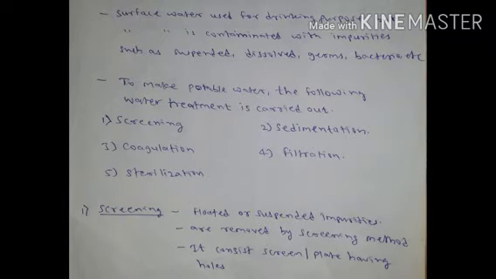Screening is the method useful for removing mostly floating or suspended impurities such as leaves, organic matter, clays, muds, etc. In this method, we use a large screen having a number of pores.